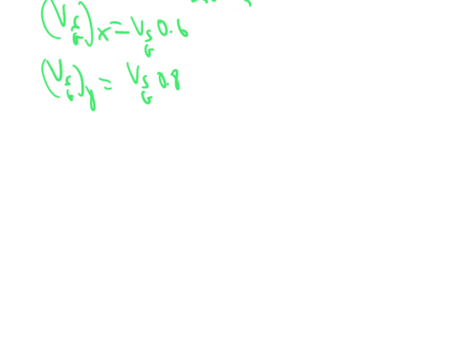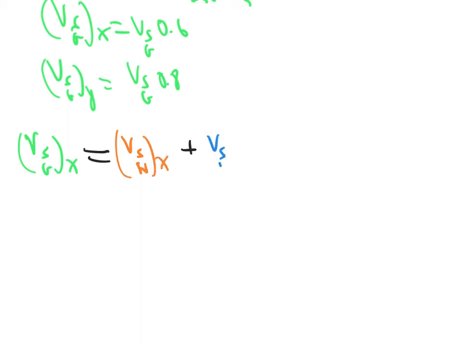Just to remind you where we're coming from, the velocity of the swimmer with respect to the ground in the x direction is the speed of the swimmer with respect to the water in the x plus the speed of the water with respect to the ground in the x, and likewise the velocity of the swimmer with respect to the ground in the y is the sum of these two in the y.